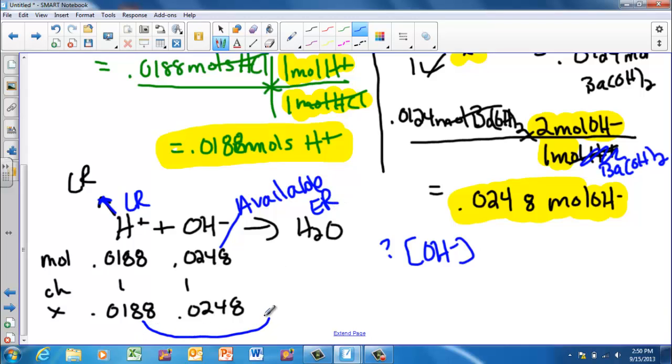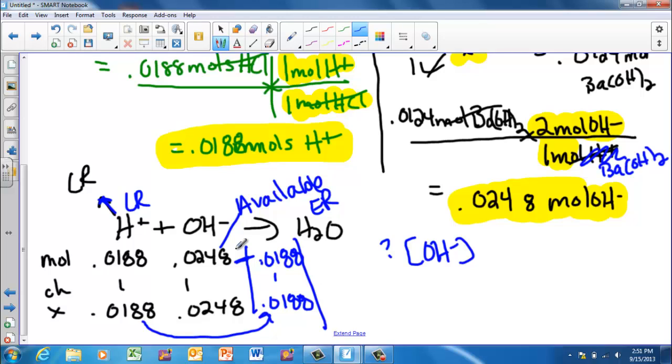So if you're still struggling, I do just like we did last year. I take the limiter, I bring it over here. This is the one where we had 2 columns, 0.0188. The change is 1, so it's still 0.0188. And I subtract those 2 numbers.